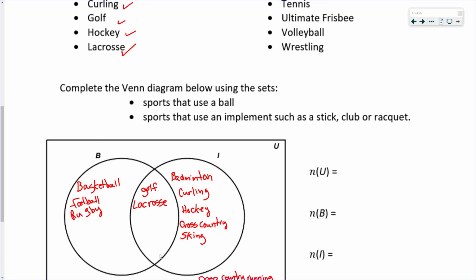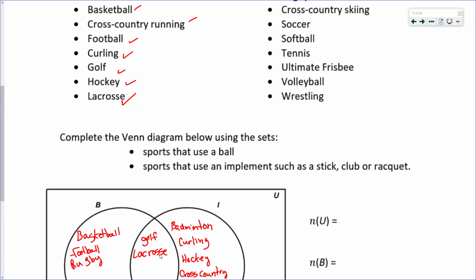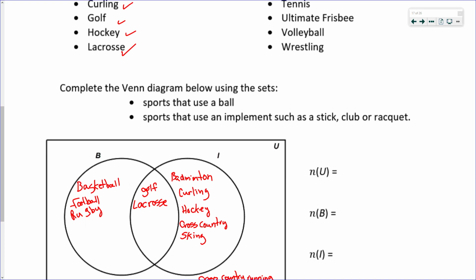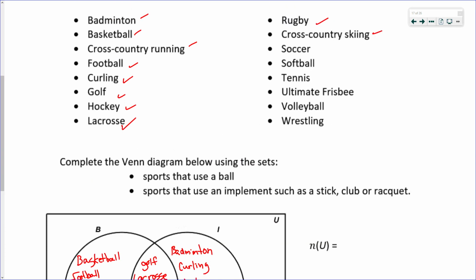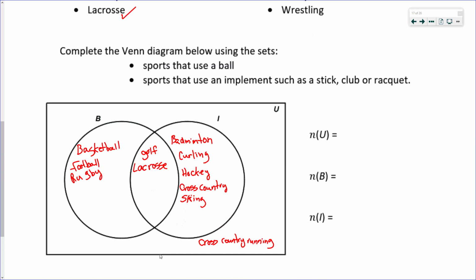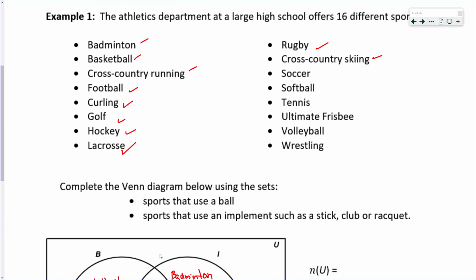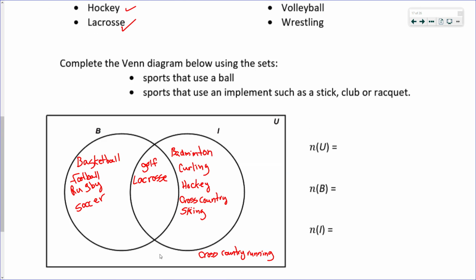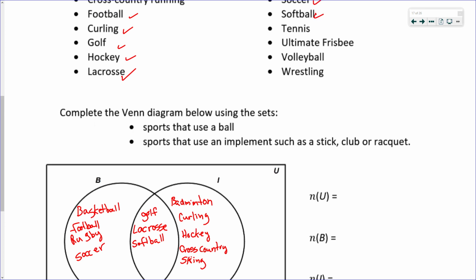And then I missed an I. Good enough. Okay. Then we got cross country skiing. Then I'm going to do soccer. So soccer just uses a ball. What do we got left here? Softball, which uses a bat and a baseball. So softball goes in the middle. We got tennis, which uses a racket and a tennis ball.